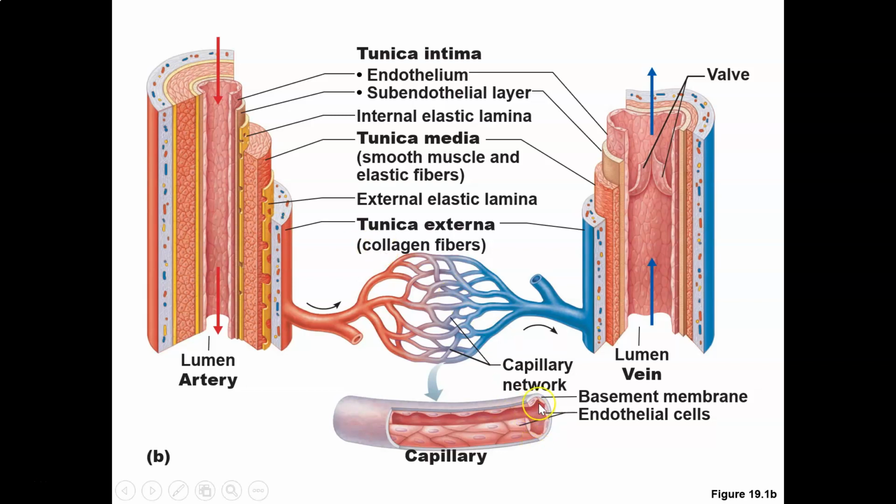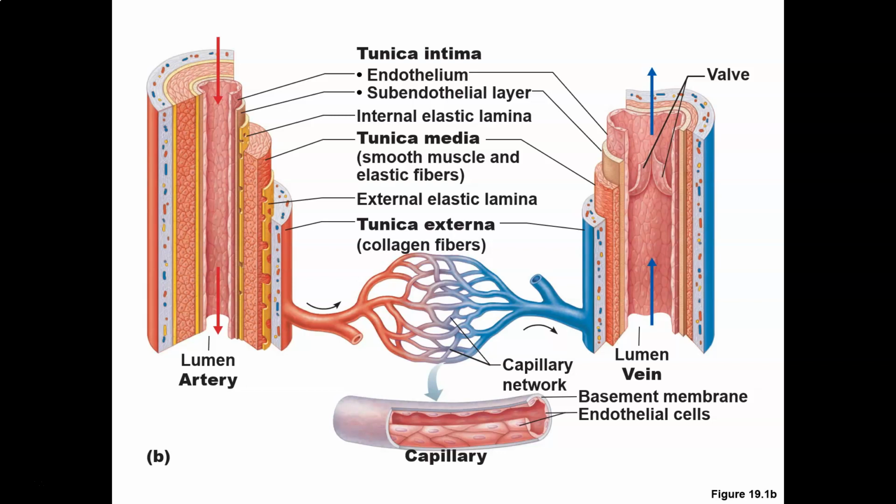Notice that down here in the capillary, that's all that exists. The capillary does not get those other layers of tissue, which makes perfect sense because the capillaries are exchange vessels where oxygen and carbon dioxide have to move in and out of the blood.